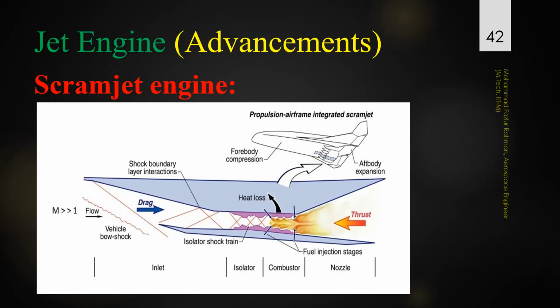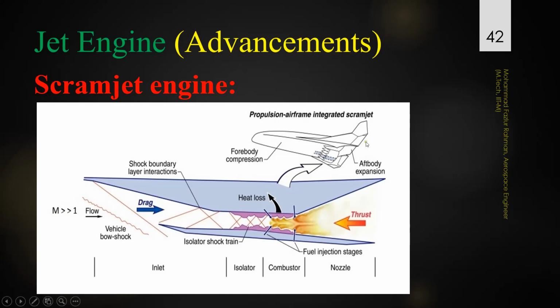If humanity has to survive, aerospace has to progress, and hypersonic is the future of aerospace. So hypersonic flights are going to be very normal, very frequent, and very common in the coming future. But that is possible only if we have a scramjet engine.